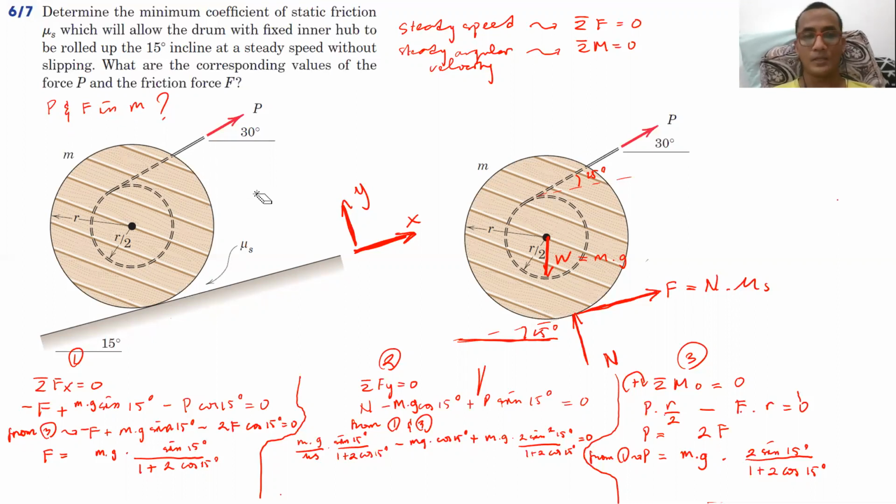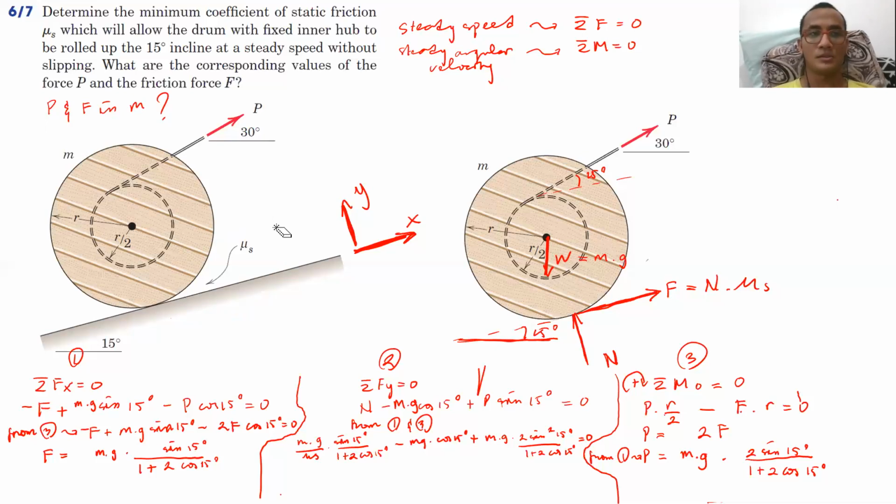And the question there is, what is the minimum value of the mu s in order to make the drum roll, so not slipping at all. Beside that, the other question is about the value of the pulling force P and the value of the friction force F as well.